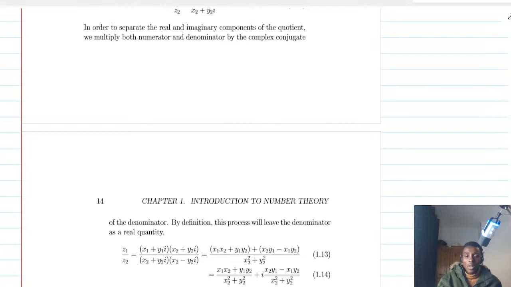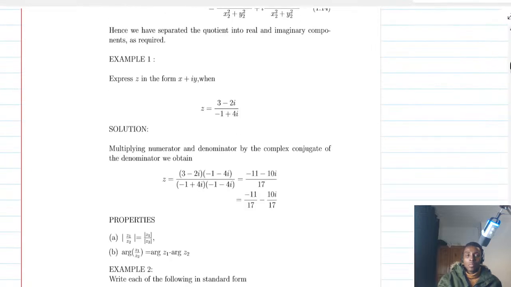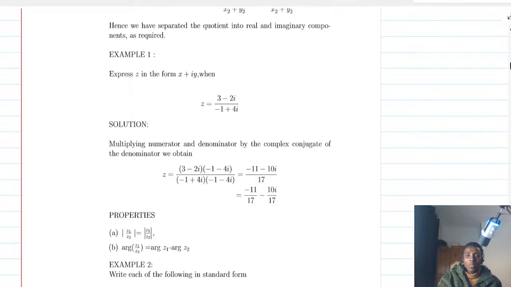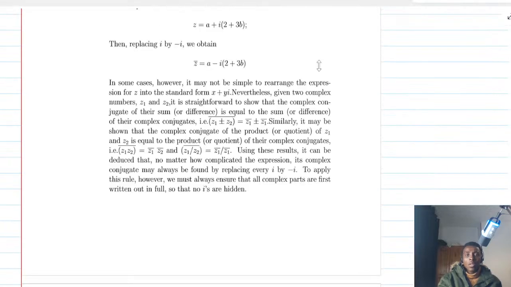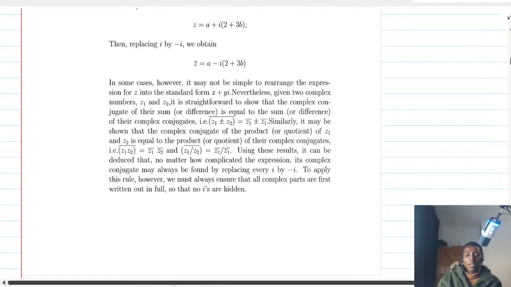Okay. So let's look at the conjugate. The conjugate of a complex number is like the negative of the complex number.